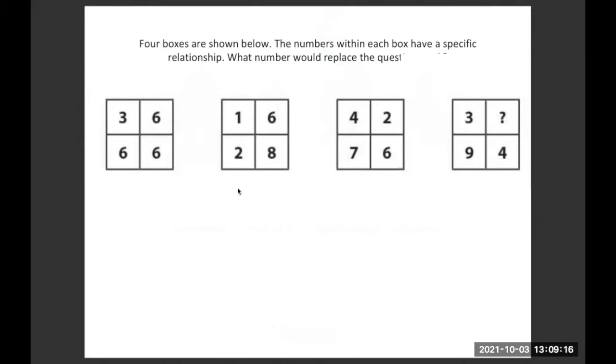This is some kind of a sequence of different numbers organized like this: 366, 1628, 1682, 4267, 3, question mark, 49. You have to guess what number the question mark will be replaced with.